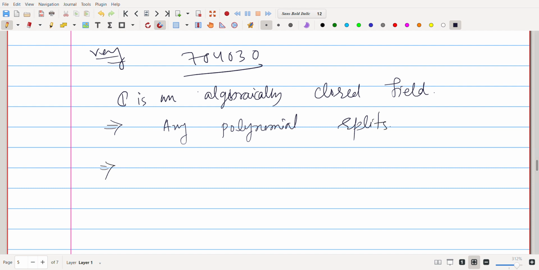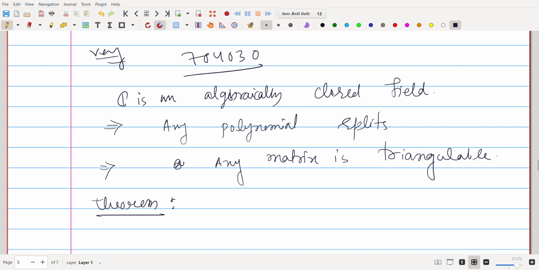So this will imply any matrix is triangulable. Why? Because we know a theorem. This is a very important theorem. If you don't know, you can check Hoffman-Kunze's book, that any matrix over C is triangulable.